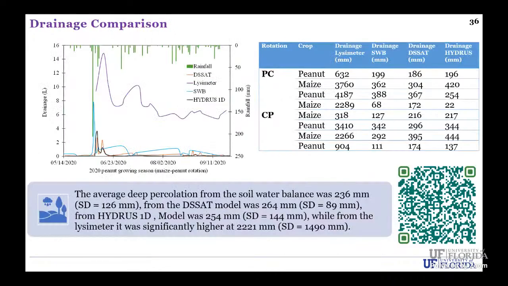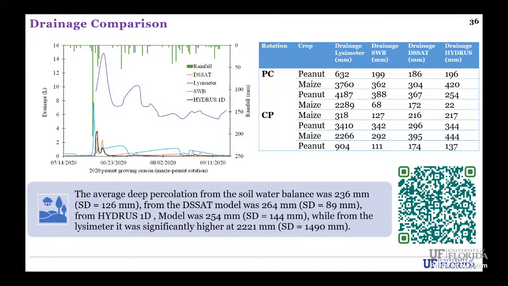Okay, so this is drainage comparison. On the x-axis is 2021, we only used 120 for this case study, and this is the drainage volume. This purple line is the drainage value that we received from one of the lysimeters, and this is the drainage estimated from different models. And you can see this value is lysimeter, and look at the number, 3,000, 4,000, 2,200, this is cumulative, right?